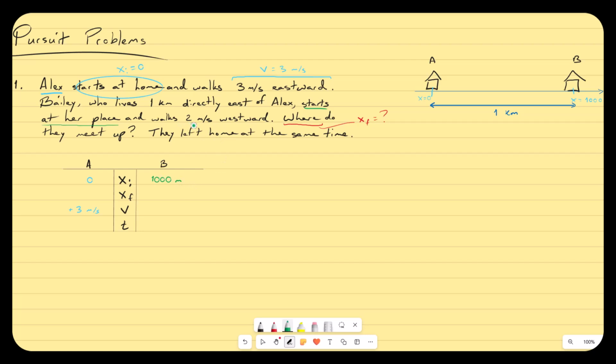She walks 2 meters per second westward. So she's walking this way. That is 2 meters per second, but she's walking westward, so we get a minus sign on there. Where do they meet up? So we are looking for x final. We don't know what that is.